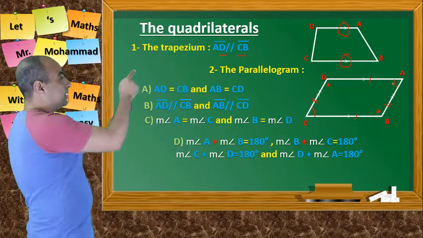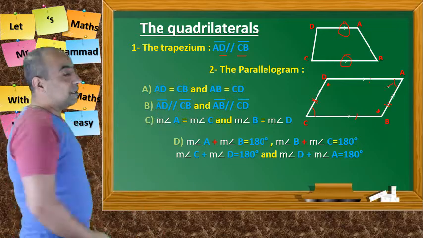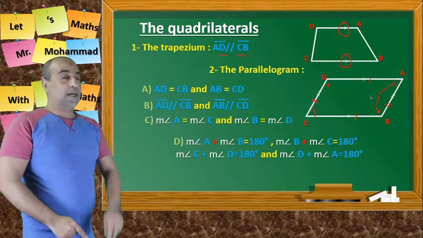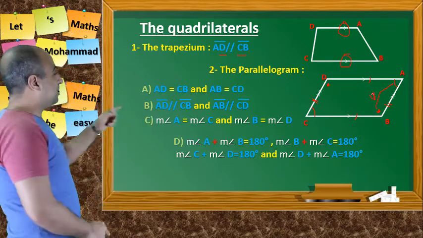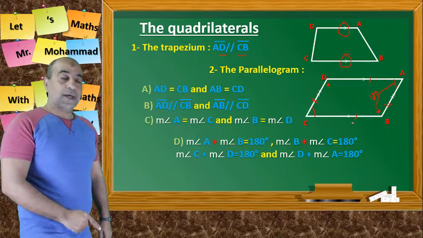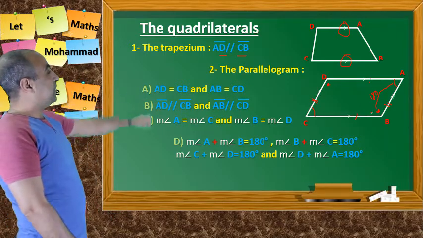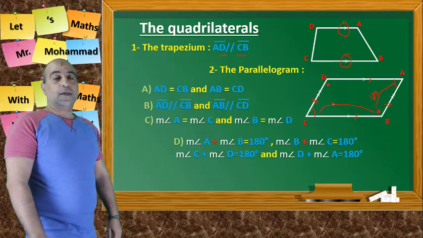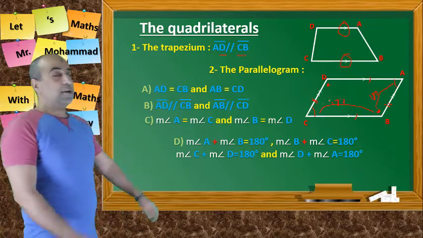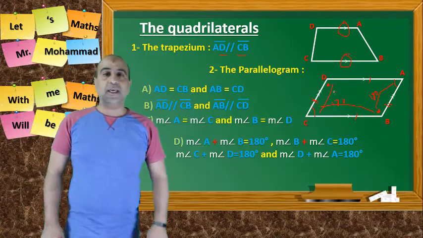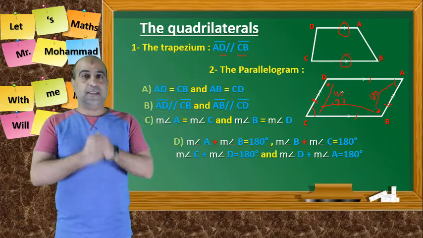It means the measure of angle A plus the measure of angle B is 180 degrees, angle B plus angle C is 180 degrees, angle C plus angle D is 180 degrees, and finally angle D plus angle A is also 180 degrees.